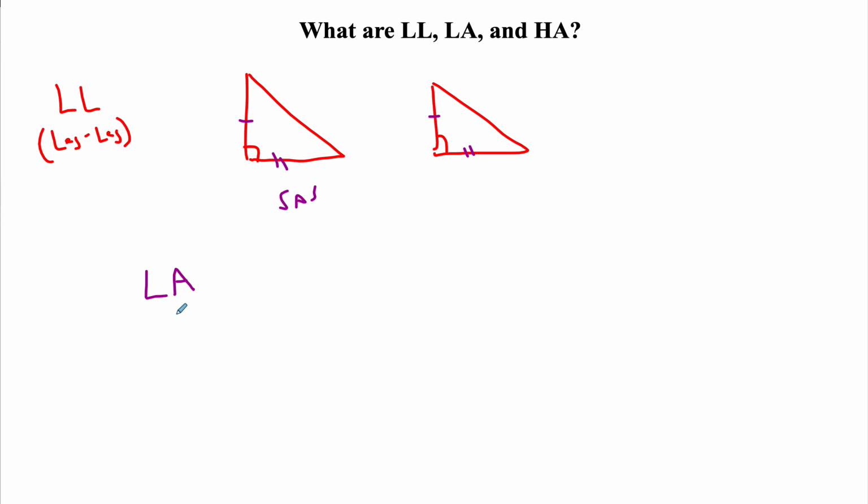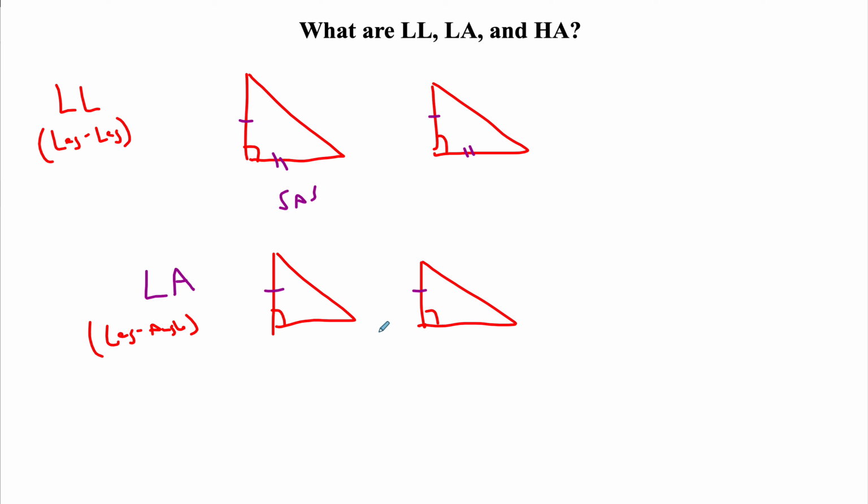What is leg angle? Well, let's take a look. Really, this is another one of the ones that we already know, but it's specialized for right triangles. Like I said, these aren't necessary, but what it means is we got a leg, right, and an angle. Now, it's got to be the correct angle, so it could be this angle and this angle, that is the angles opposite, or it could be this angle and this angle.